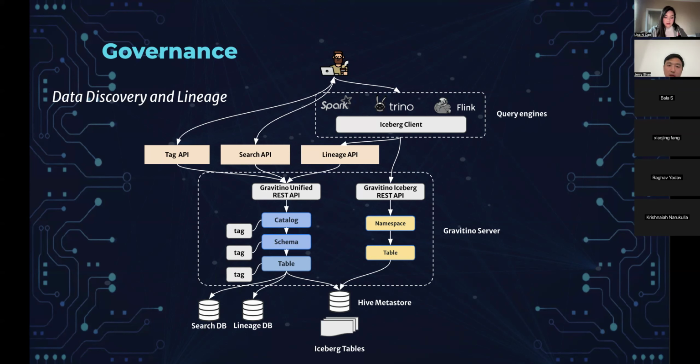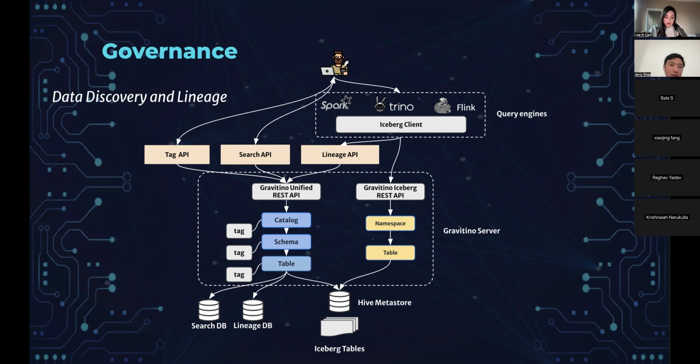We also provide a search API. Gravitino provides a search mechanism for data discovery, so your Iceberg table metadata will also be loaded into a search database, and we provide an API so you can do searches and get the table metadata. And we also provide a lineage API.